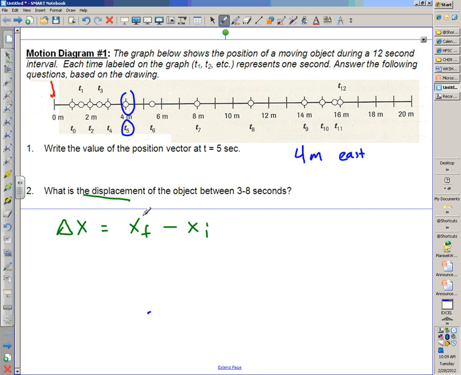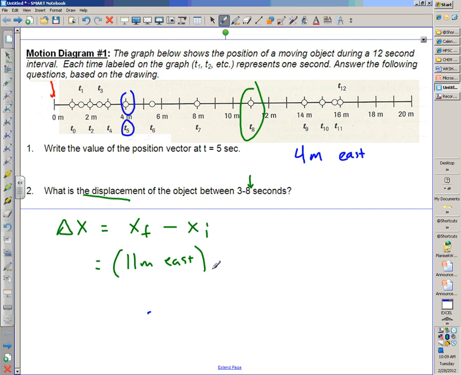Where did it start off versus where did it end up? Okay? So in this case, right, the final condition is going to be where it is when? At t equals 8. So we look on our graph, right, we see that t equals 8 is 11 meters, okay? Except we should probably include that it's 11 meters what? East. Or positive, if we want to call it that way.